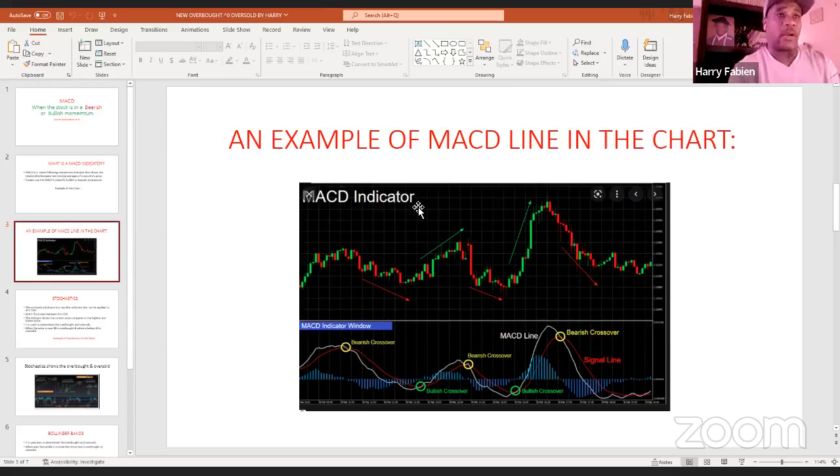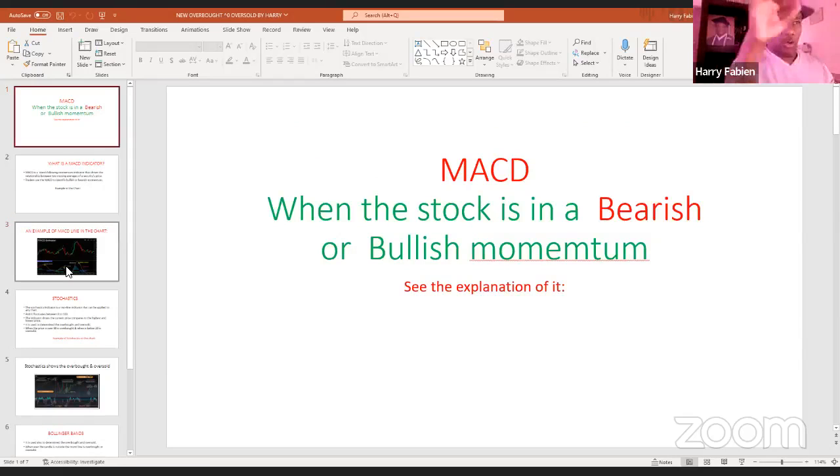Another one that you may know is called stochastics. It has a Japanese name. So I showed you the MACD, which means two-line crossover.